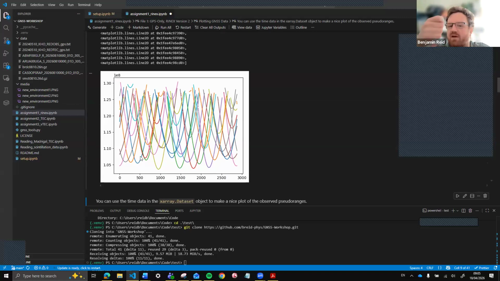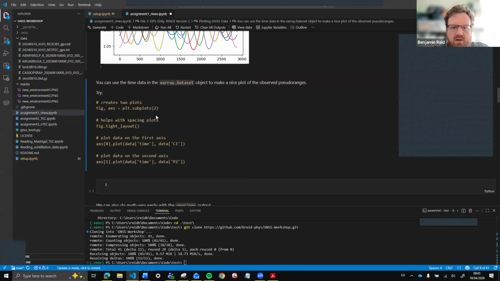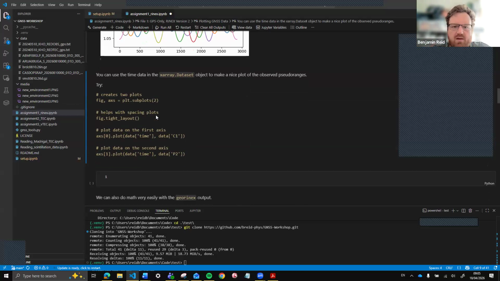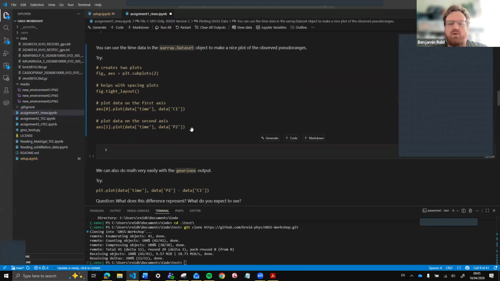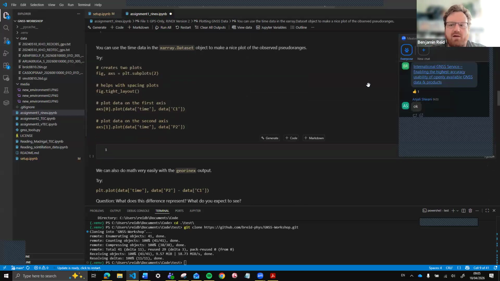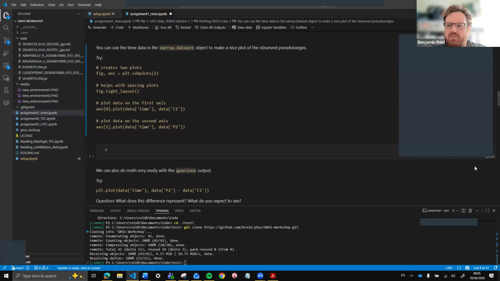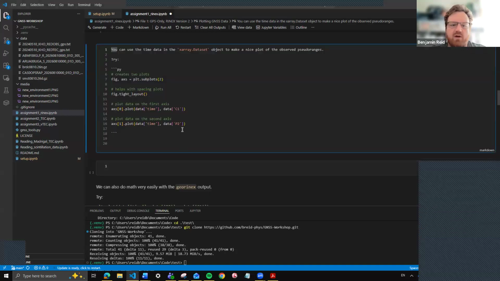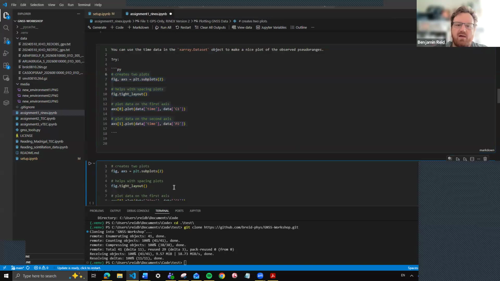It's just counting how many phases go by. If we just copy and paste this, yeah, I tried to do pedagogy by making you guys type it all out, but I'm going to be lazy and just copy and paste it.